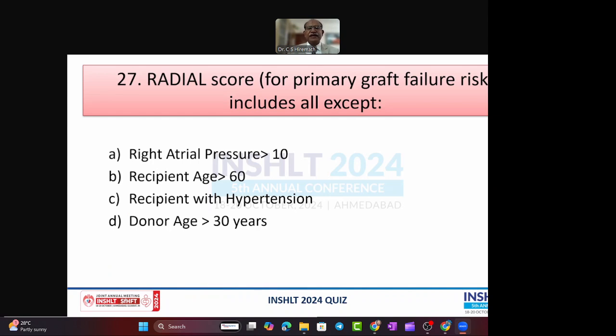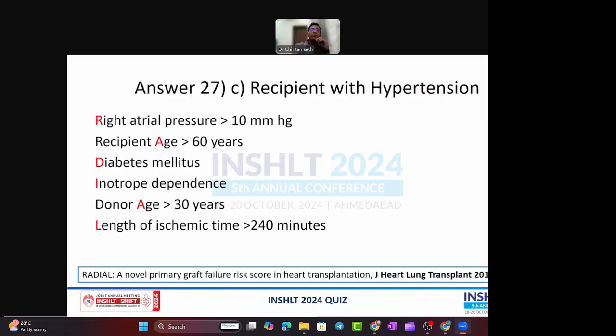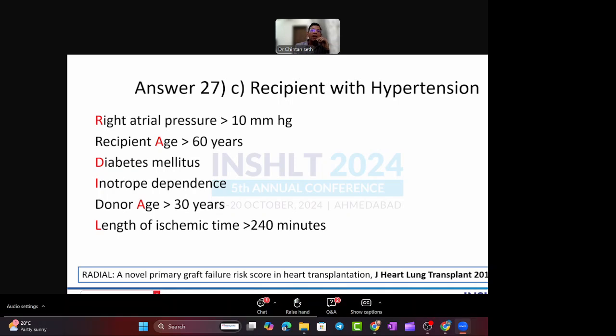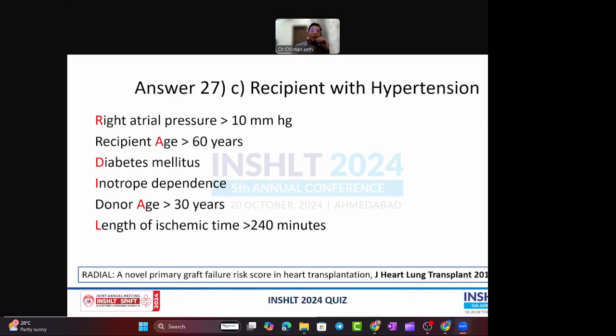Radial score for primary graft failure risk includes all except? The RADIAL score is used to assess risk, published in 2011 in the Journal of Heart and Lung Transplantation. R is for right atrial pressure more than 10 mm of Hg, meaning CVP is higher. Recipient age is more than 60.